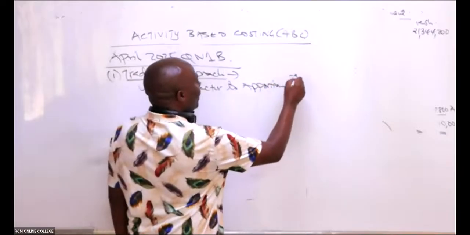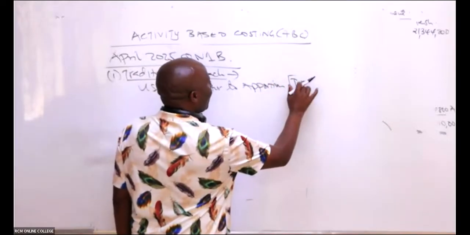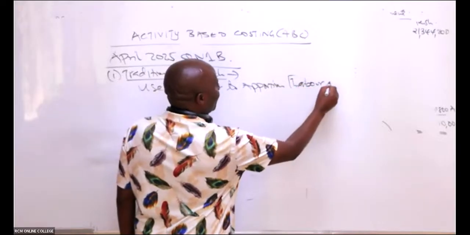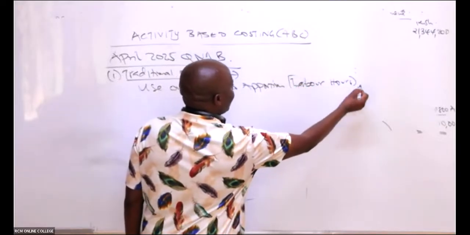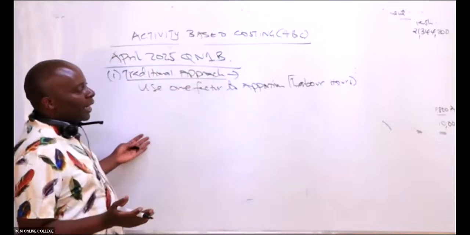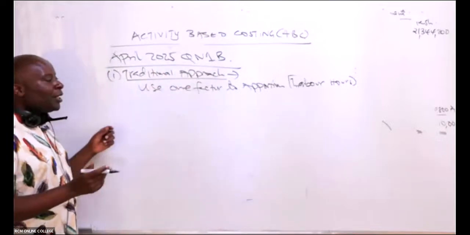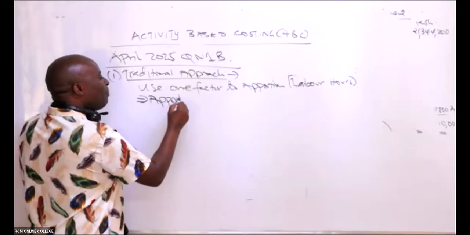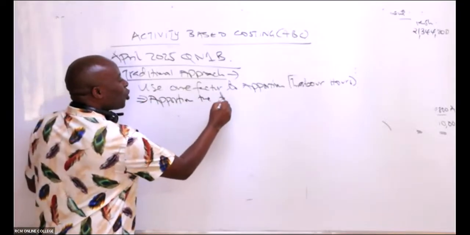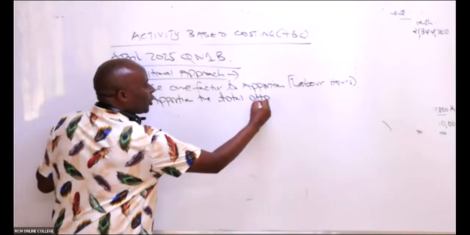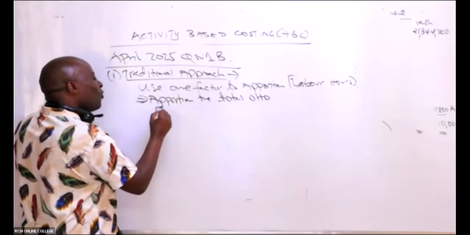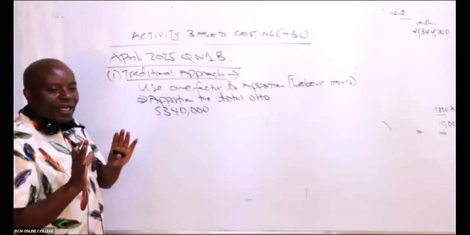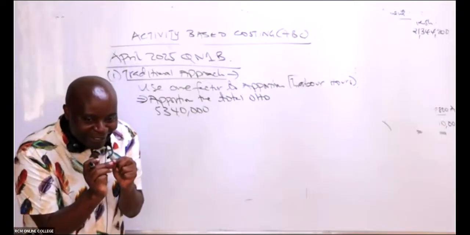So in this case here, they want us to use labor hours. Only labor hours. In short, they want us to apportion the total overhead of 5,340,000 without looking at the individual components.